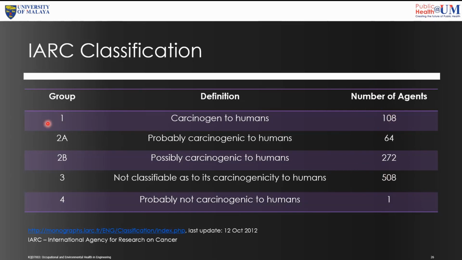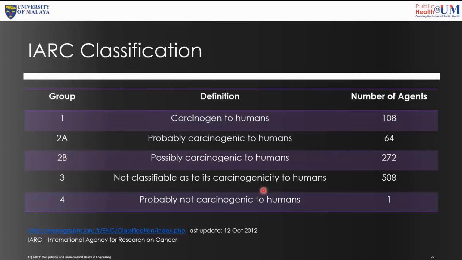When we look at it, we are worried about 1, 2A, and 2B. Although 3 is not considered a carcinogen, it basically means the chemical has not been classified as to whether it's carcinogenic or not.